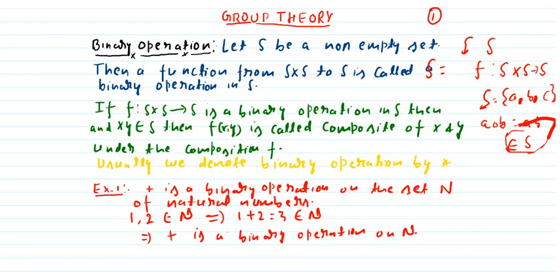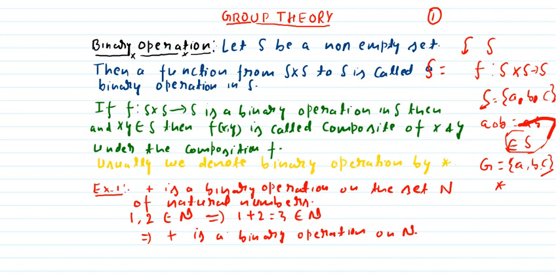For example, suppose we take a set G equals A, B, C, and suppose star is any operation. It may be plus, minus, division or any other user defined operation.